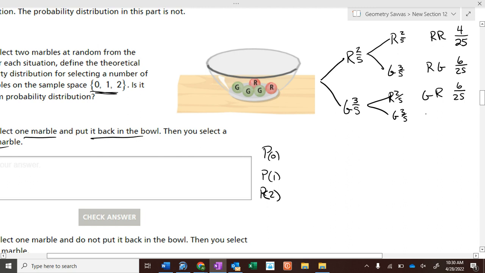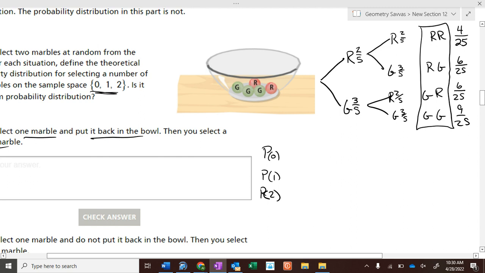And then going green, then green, 9 out of 25. What's 4 plus 6? 10. What's 10 plus 6? 16. What's 16 plus 9? So that's all 25 chances out of 25 chances are listed. Okay? This is called the sample space when you write them out.